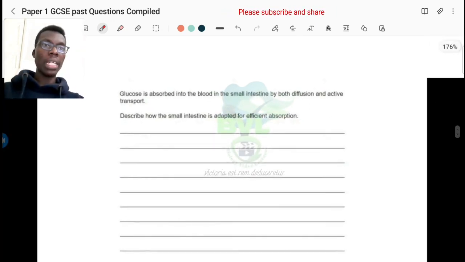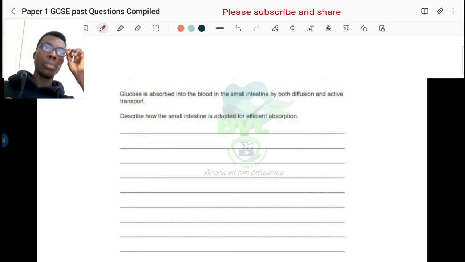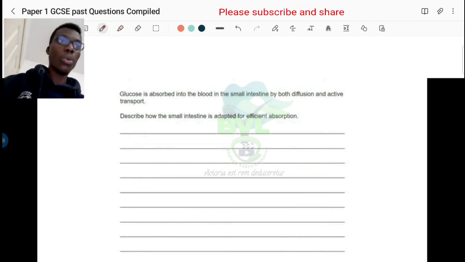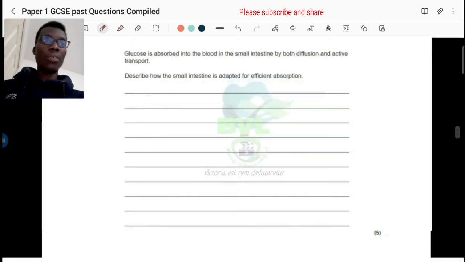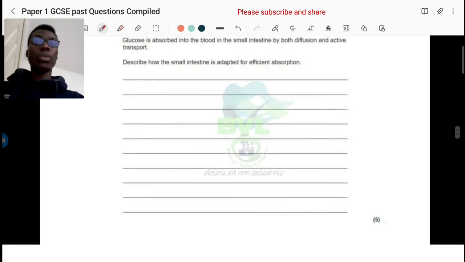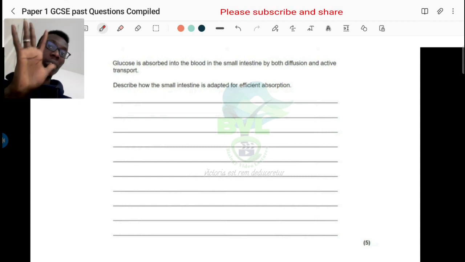Glucose is absorbed into the blood in the small intestine by both diffusion and active transport. Describe how the small intestine is adapted for efficient absorption. Here you have 5 marks, and that means 5 points.